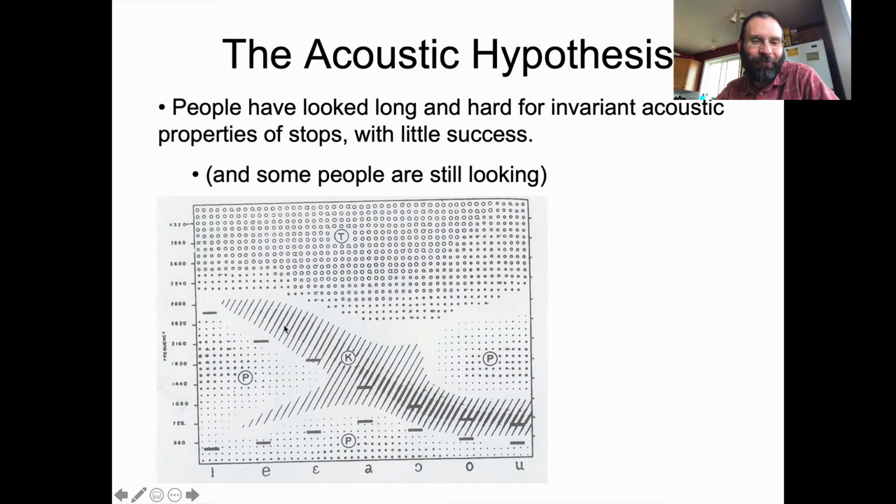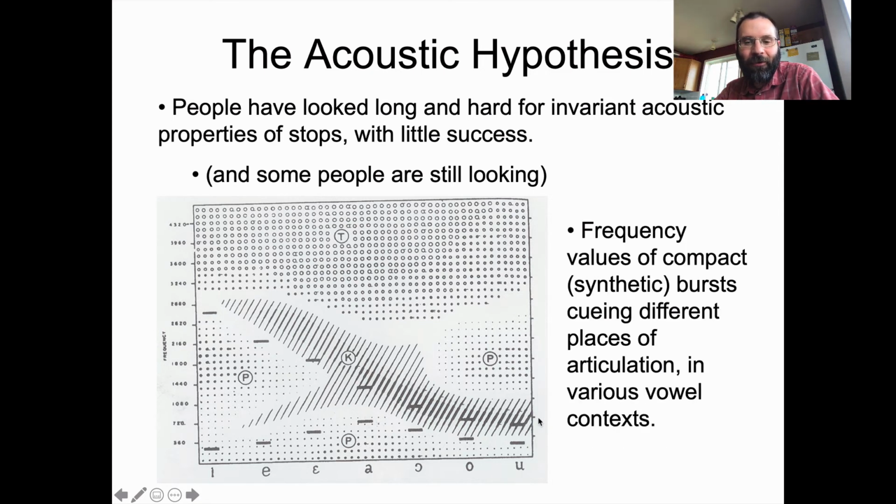Here's some evidence that is relevant for this, published back in 1952 by some of the first guys from Haskins Labs, who first came up with the theory of categorical perception. They did this study with synthetic speech produced by the pattern playback speech synthesizer, looking at synthetically produced release bursts with different frequencies, played in different vowel contexts.